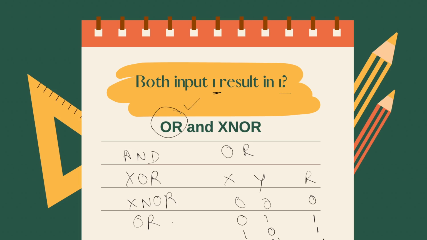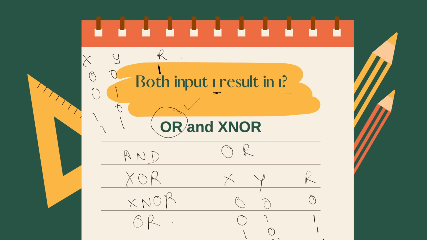Then for the XNOR, let's draw the truth table of XNOR as well. So X, Y and result. Let's say 0 0, I'll write all the cases: 0 1, 1 0, 1 1. Whenever both the inputs are the same, the output is going to be 1.